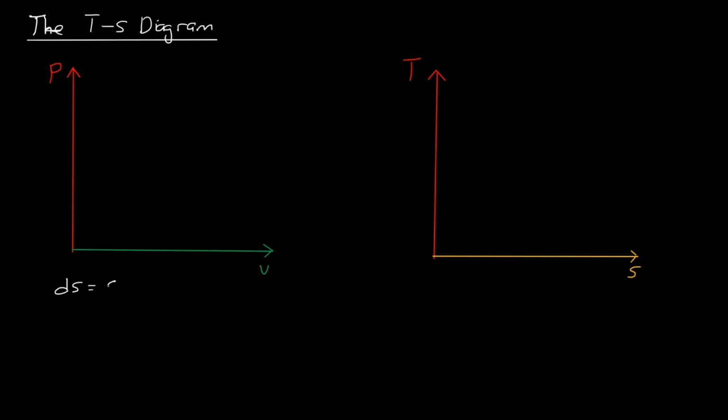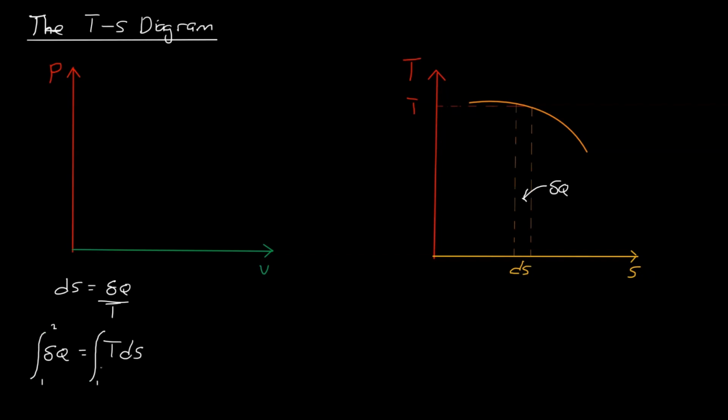So we can arrange the defining equation of entropy, ds equals dq divided by T, as dq equals Tds. From this, we can tell that dq corresponds to a differential area of the TS diagram. The total heat transfer during a process is obtained by integration.